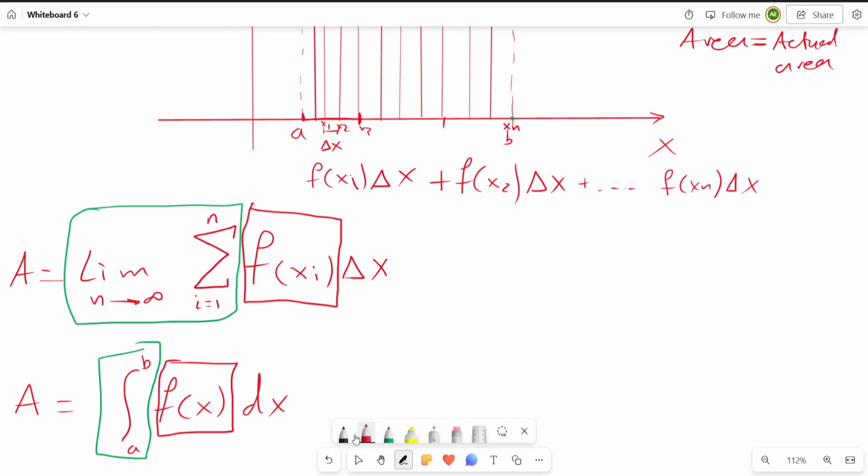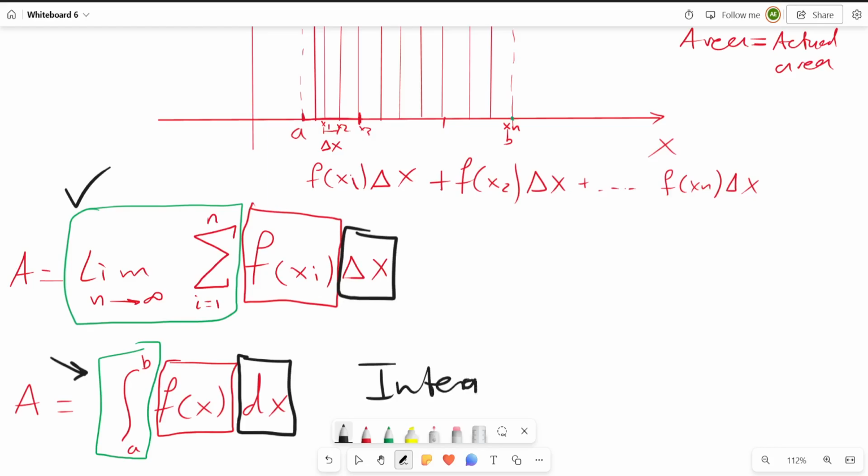And this part, which is delta x, is the same as dx. dx is when delta x is infinitesimally small. It's super small. So this expression for area that we established from our rectangles could be written in this way, and this is basically the integration of f of x.